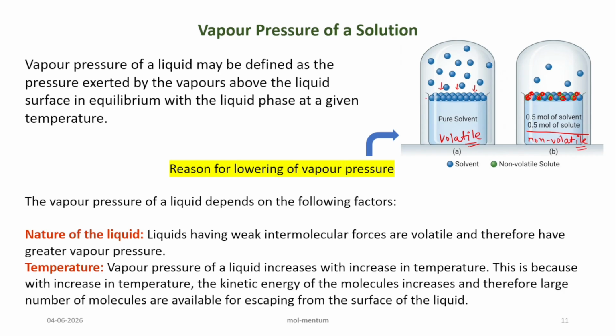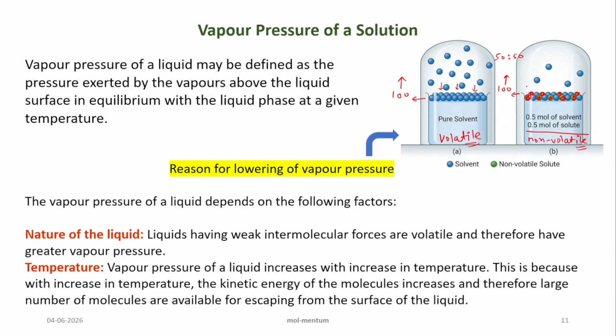Suppose you assume 100 particles in both cases. If it is pure solvent, then all 100 particles are converting into vapor phase. But when we add non-volatile solute, even if I take it as 50-50, 50 are volatile solvent and 50 are non-volatile solute.